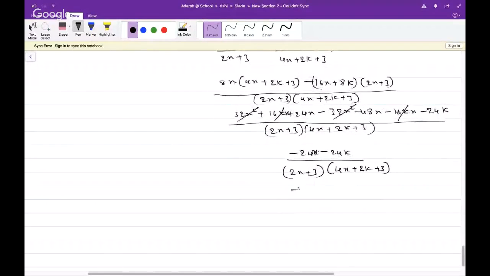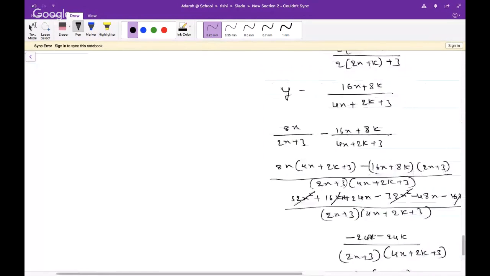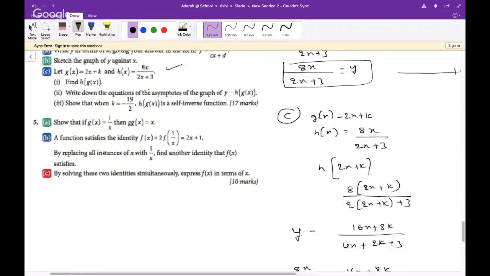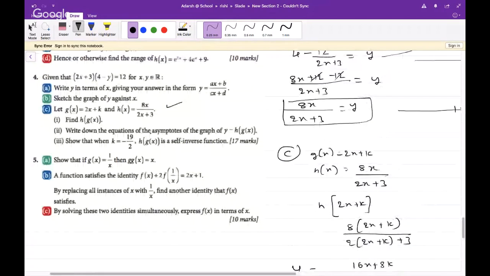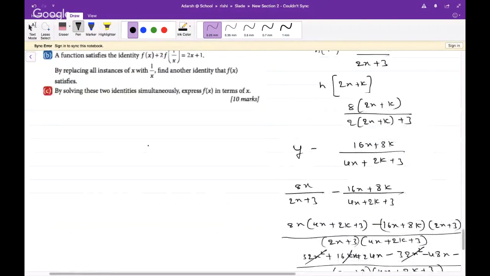Now minus 24 you take out, so you have x plus k whole thing divided by this entire thing. This is the function. Now show that for k equal to 9 by 2, they are self inverse of each other. Okay, we'll wind up here.